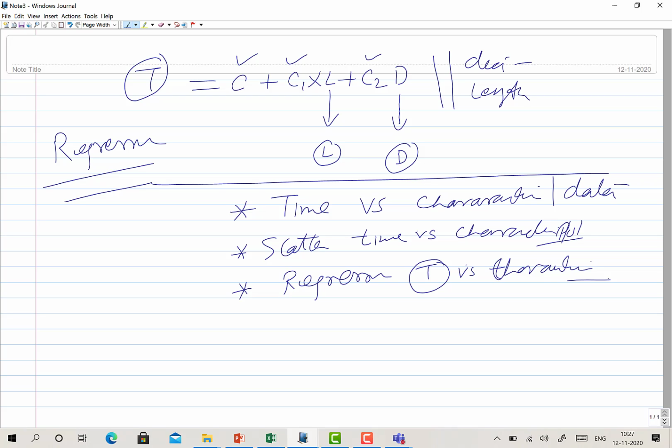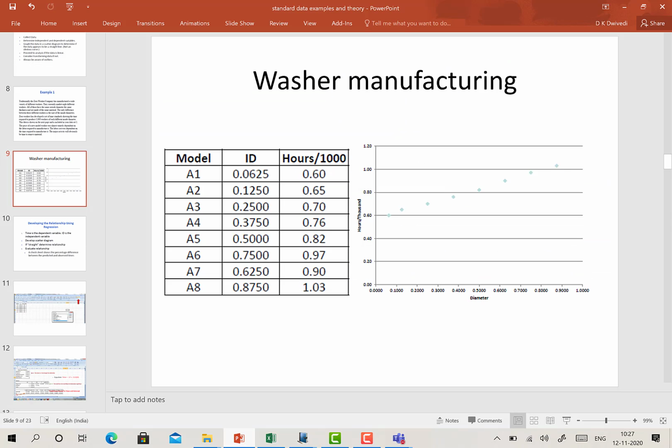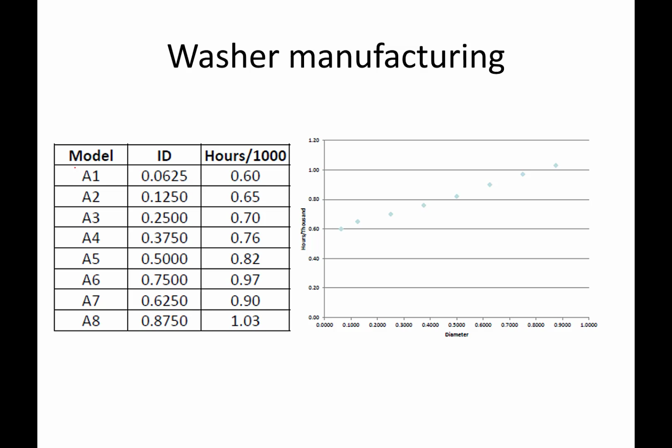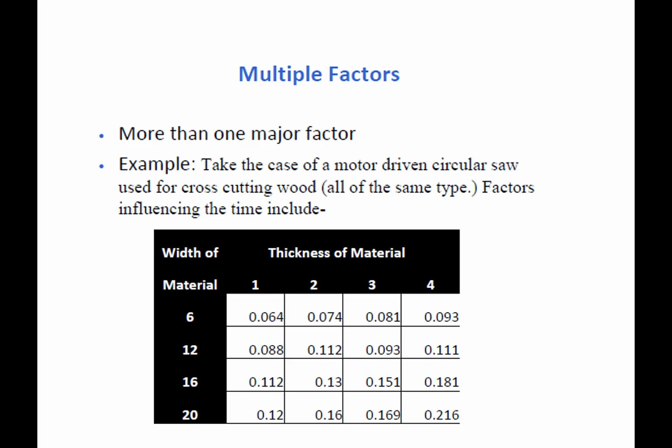Now I'll go through this PPT. Say there is a washer manufacturing company manufacturing washers of different diameters. These are the various models of the washers. These models differ with regard to the internal diameter, ID.